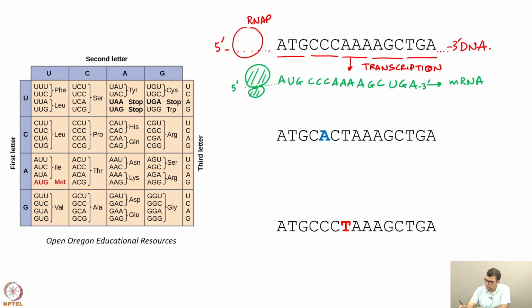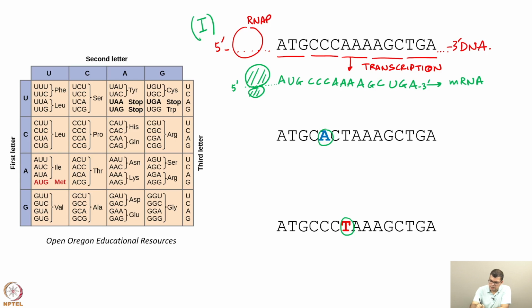So, through these three examples, what I hope to show you is how even a small change, a single nucleotide change, can have a large implication in what sort of protein a cell makes. So, let us take the case that we started with as individual number 1.